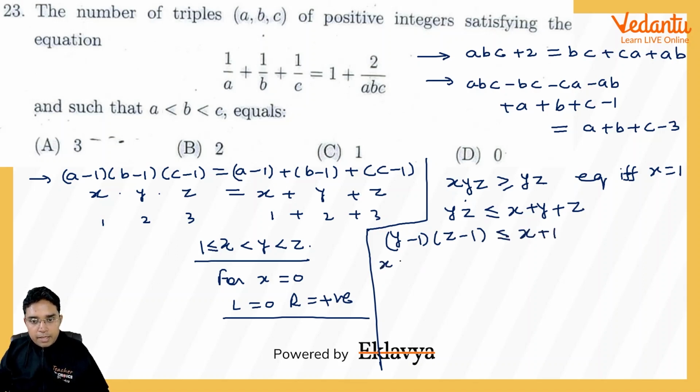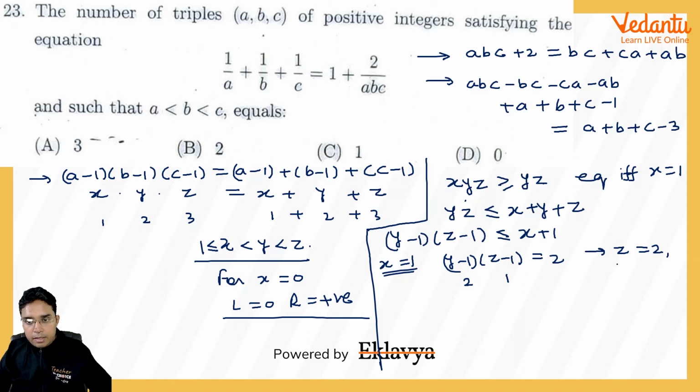Now putting x equal to 1, it will give y minus 1 into z minus 1 is equal to 2, because then there will be equality. Okay, now if there is equality, and because y and z are bigger numbers than x, I think there is only one possibility, that is z minus 1 is 2 and y minus 1 is 1. So in this case we get z to be 3, and we get y to be 2. I think I have written it as opposite.